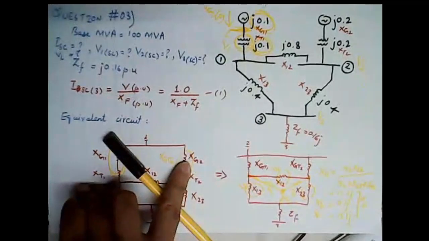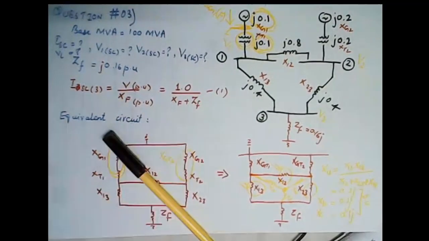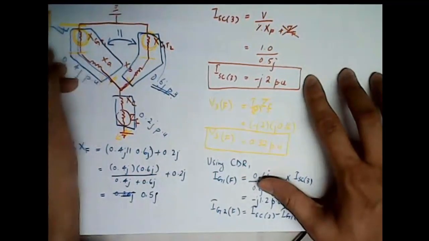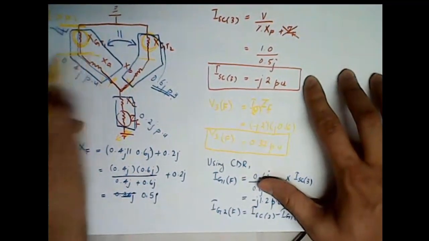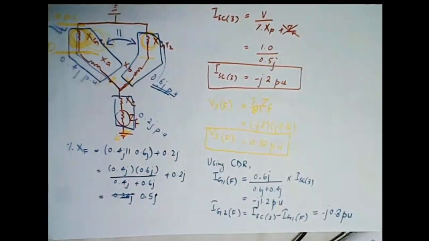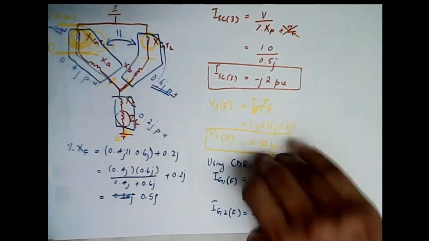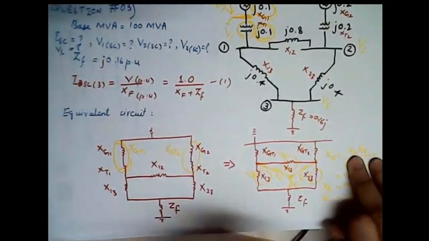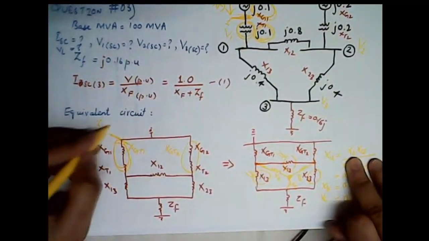Or if you look at the simplified circuit, basically we are talking about the voltage drop at this point. The generator at this point is operating at 1 per unit, and this is bus 1. So whatever drop has occurred across xgt, we need to subtract it. The generator is operating at this level, 1 per unit.